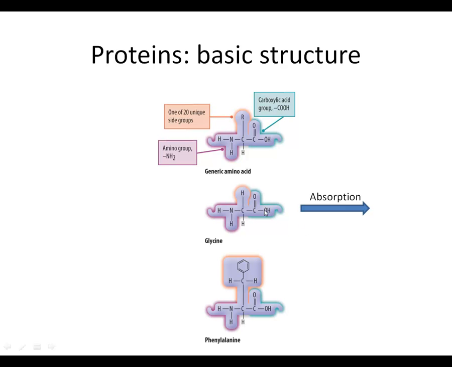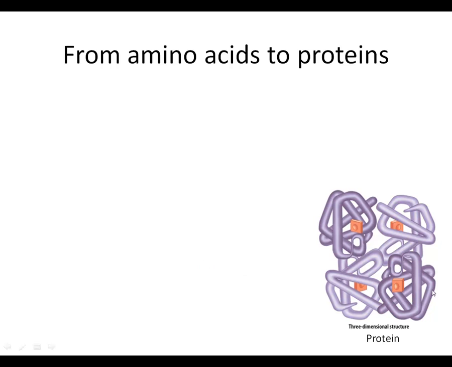So during digestion, the goal is to get the proteins that we take in through our diet down to this form so that they can be absorbed across the intestinal wall. But this is how the proteins that we eat come into our digestive system. They don't come as amino acids. So to get them from amino acids, you have to reverse the process by which they're synthesized.